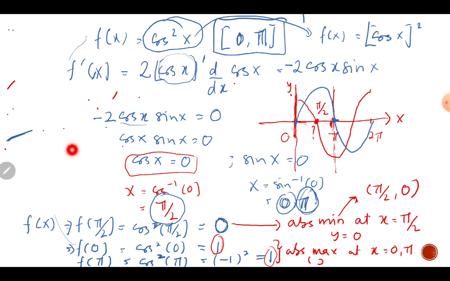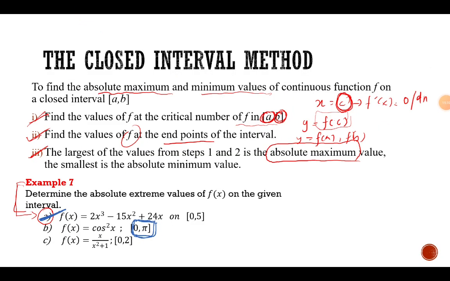Satu dekat (0, 1), which is the value of y is 1. And another point is at x equals to pi, also return the value of y sama dengan 1. So we have 2 points of absolute maximum and 1 point absolute minimum.